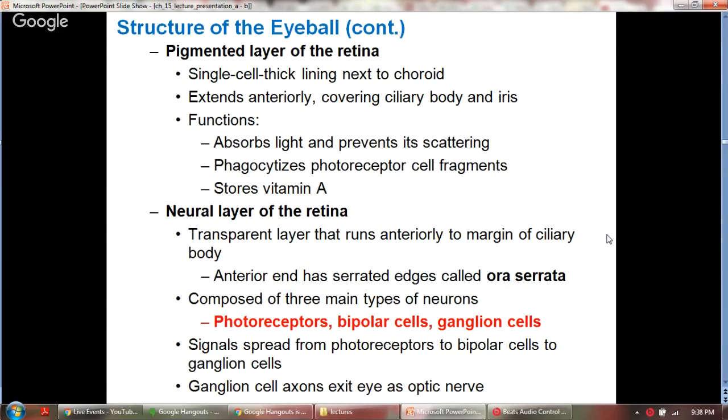The pigmented layer is a single thick cell lining next to the choroid, and it extends anteriorly, also covering the ciliary body and the iris. Its functions are that it absorbs light and prevents scattering.